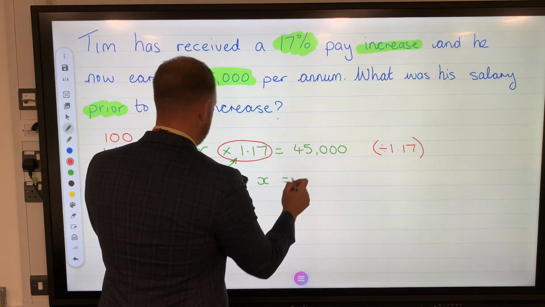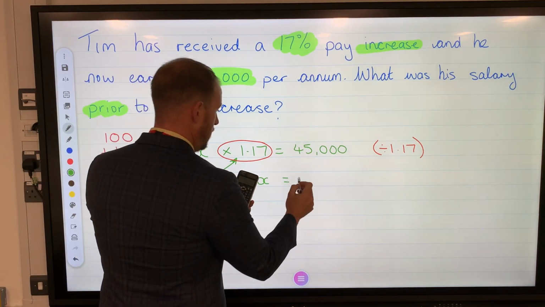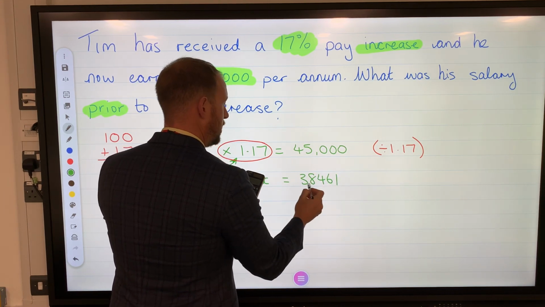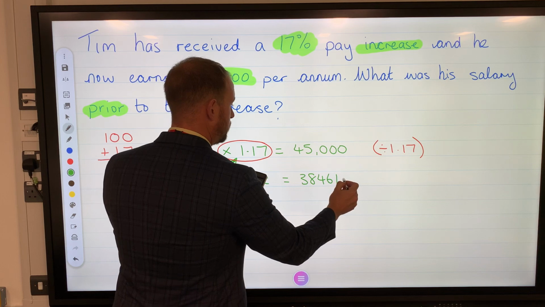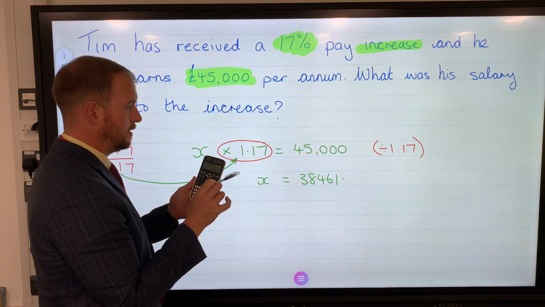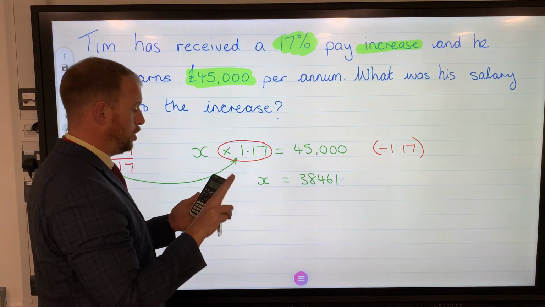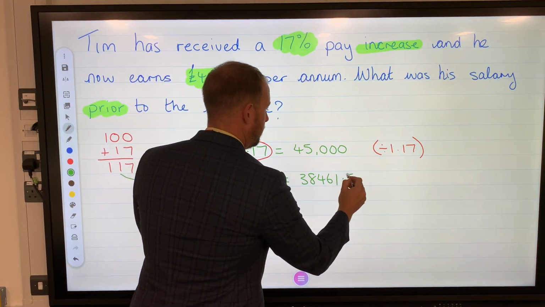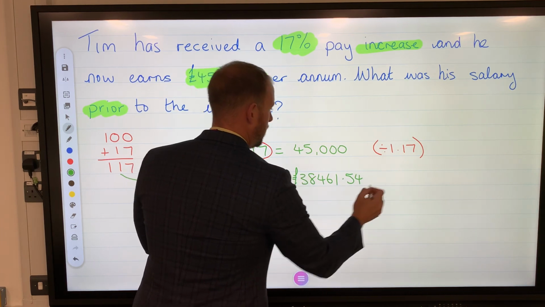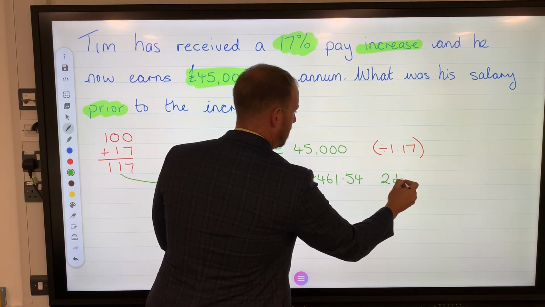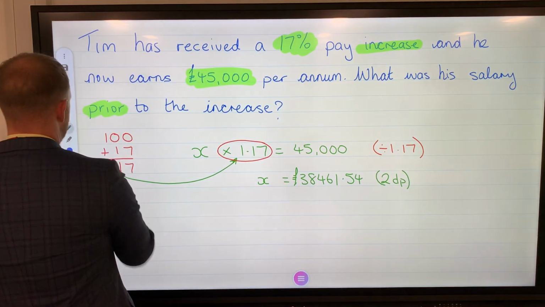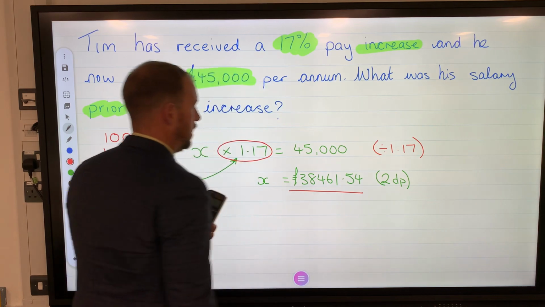I've now got 38,461 point 53846. Remember, money, 2 decimal places, therefore 54p on the end of that. Don't forget your pound sign. I'm also going to tell the examiner I've rounded to 2 decimal places because it's money. And there it is.